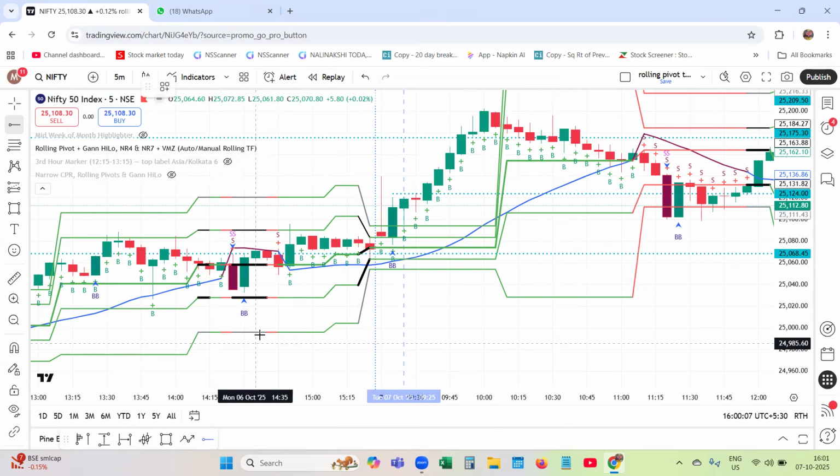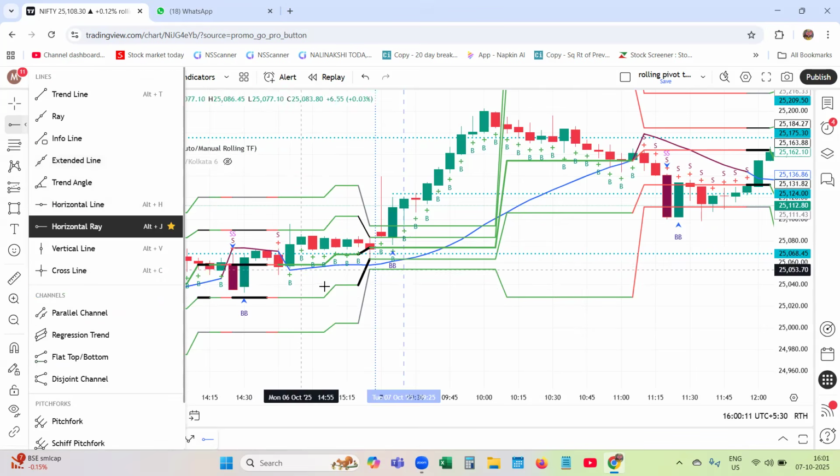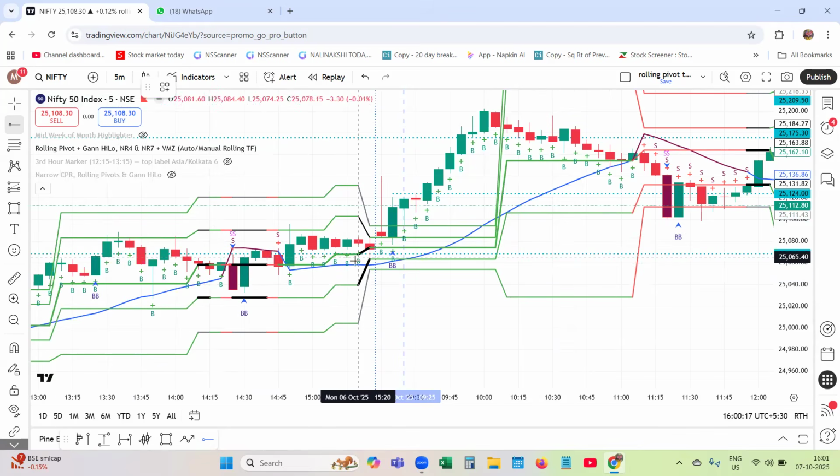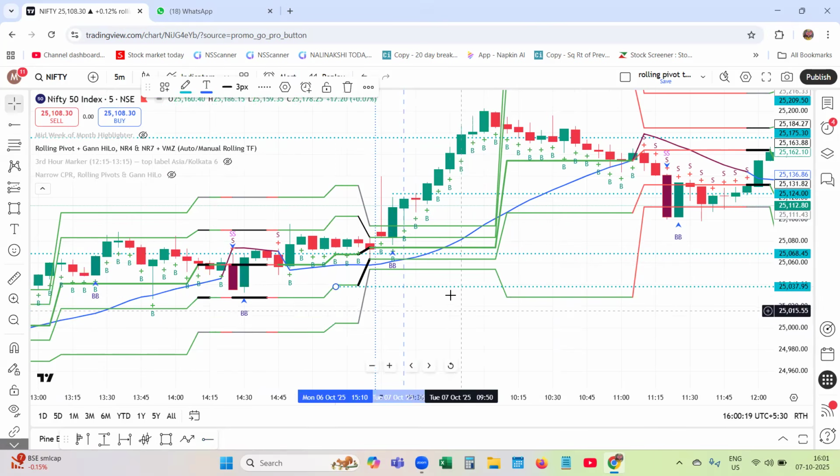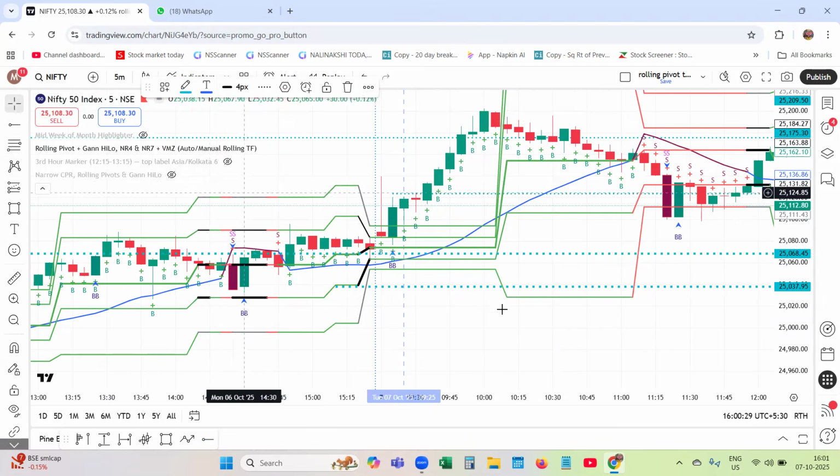Let me put the levels. Let me take this horizontal ray and let me mark. Let me show you how to prepare yourself. Let me make it dark. And even this one also, let me make it dark.